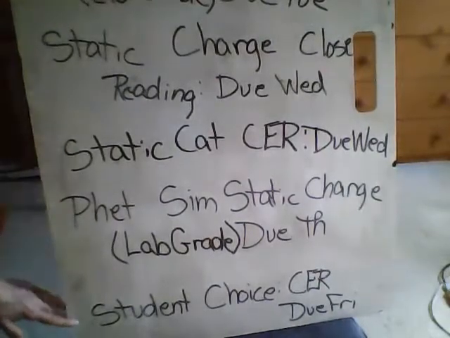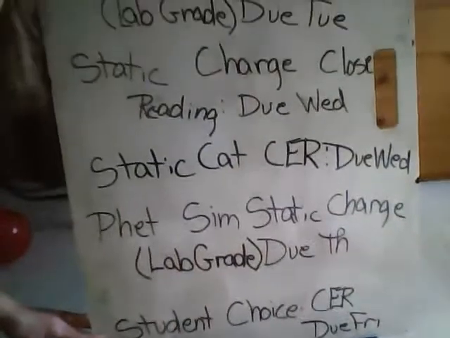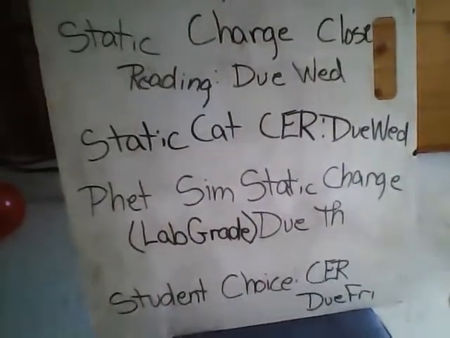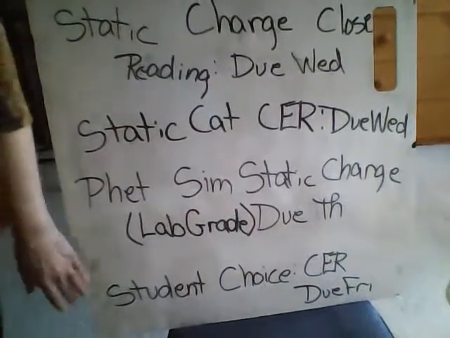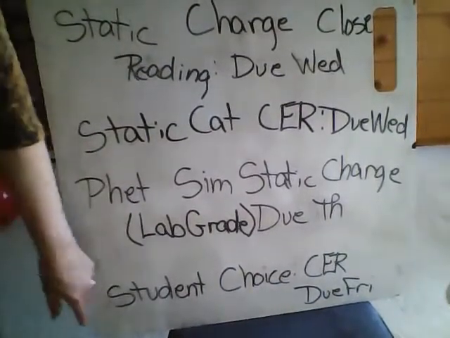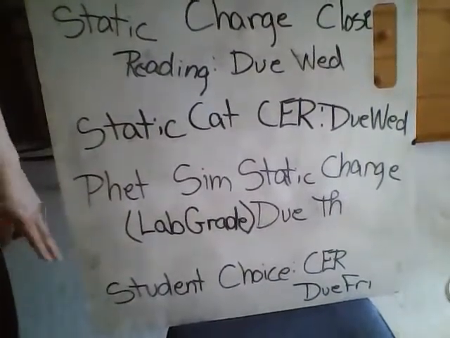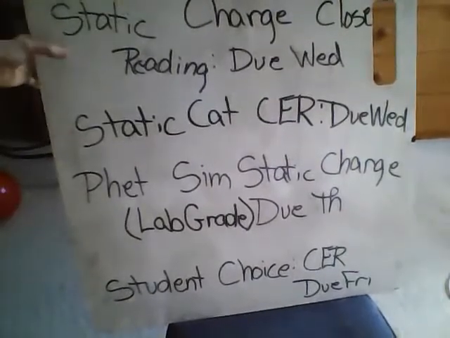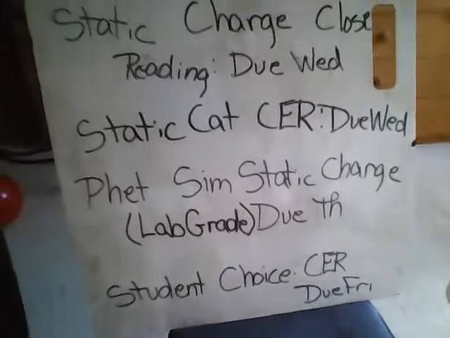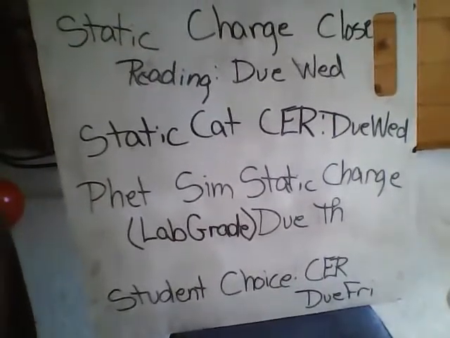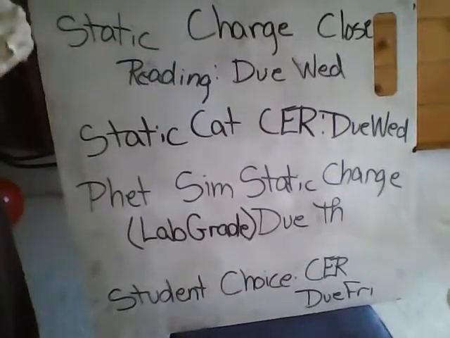And then due on Friday, you've got all of that up there, is another CER. Now, this one would be more detailed than the one that you're doing on Wednesday. You have a link to look at information about it, and then you have to put that into your own words.